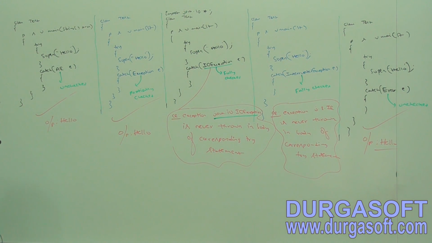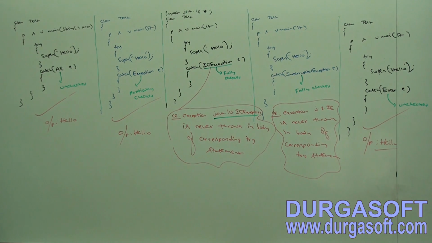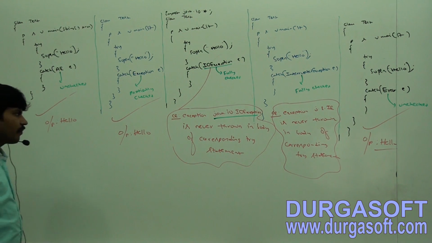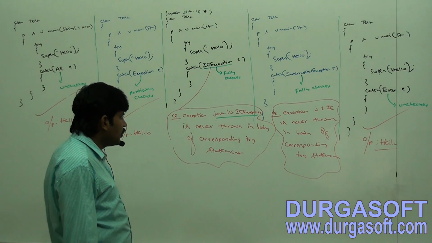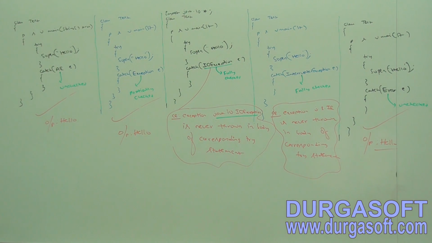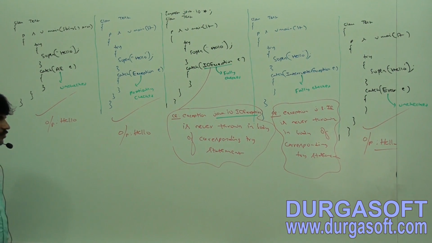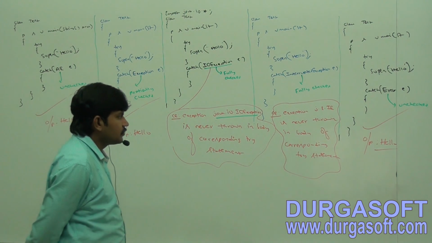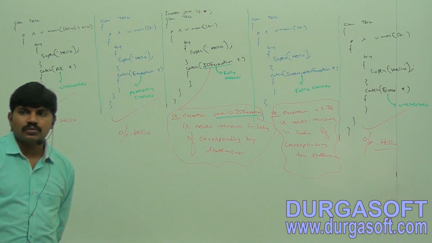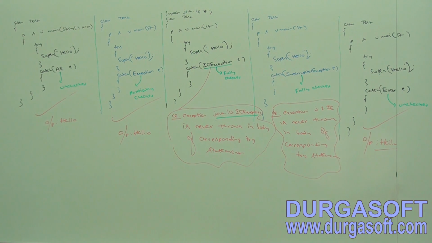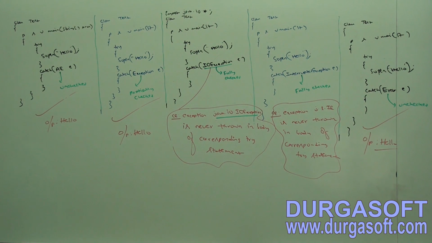Exception java.lang.InterruptedException is never thrown in body of corresponding try statement. Exception java.io.IOException is never thrown in body of corresponding try statement. Next, exception java.lang.InterruptedException is never thrown in body of corresponding try statement. So checked, partially checked, fully checked and unchecked.